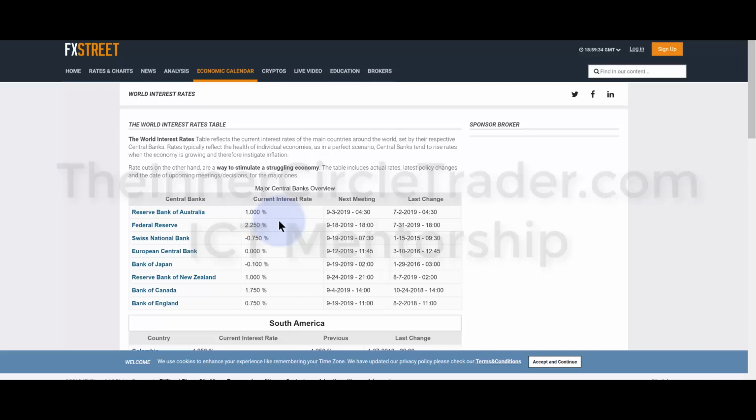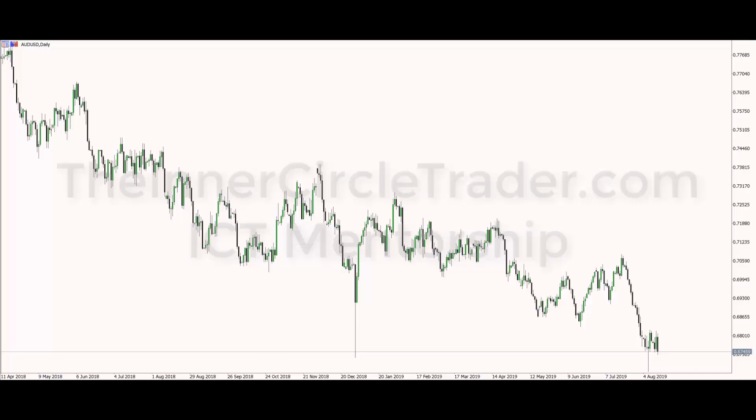That would mean Aussie dollar should be bearish long term. If we go to a chart, okay, here's the Australian dollar, and here's where we've been going. So over a long period of time, the ebb and flow of this price chart has seen ups and downs. But look at the gravitational pull to lower prices in general.